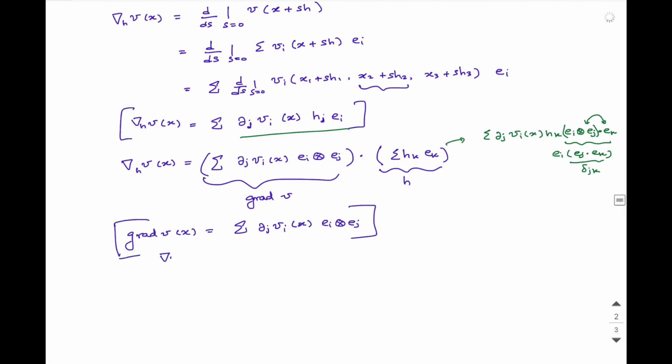Again, you can also write this as nabla v at x. That's also a notation that is used in practice. Again, notice how v is a vector field, whereas the gradient of v is a second order tensor field.